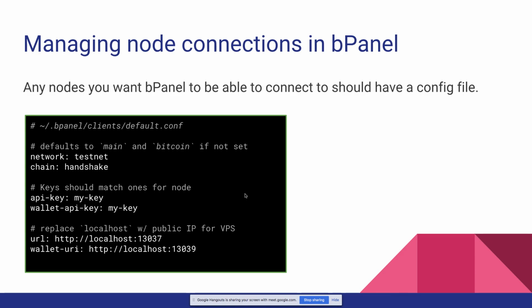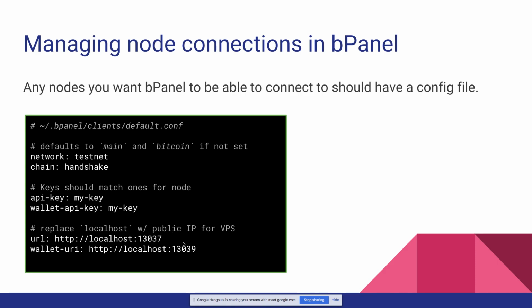You also need to tell bPanel, or the client, where to point to, and for that you need an IP address. If you're connecting to a node that's running on your computer, localhost is fine. These ports are network specific, so you can check the docs for bcoin, bcash, and HSD to see what the ports are.